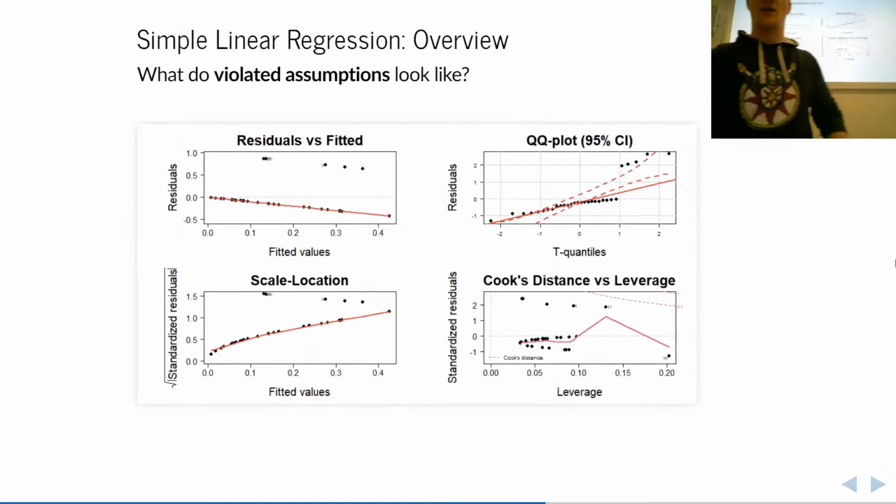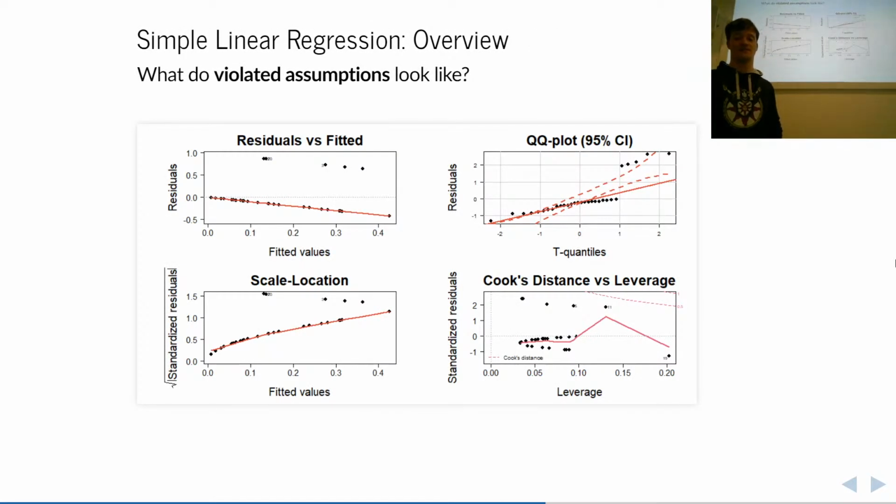Okay, next one. What's happening in this one? Which plot? Yeah, there's a steep increase. So this data is definitely heterogeneous in variance. So there's definitely non-constant variance. What else?